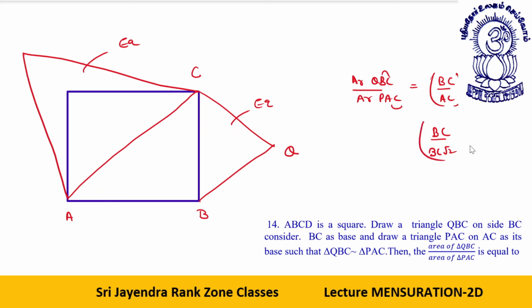So this is 1 by root 2 squared. That will be half. This is your answer. Okay. Clear? Let's take the next one.